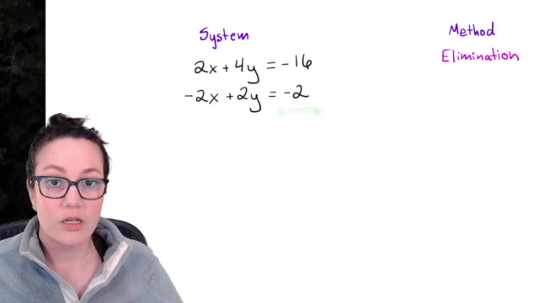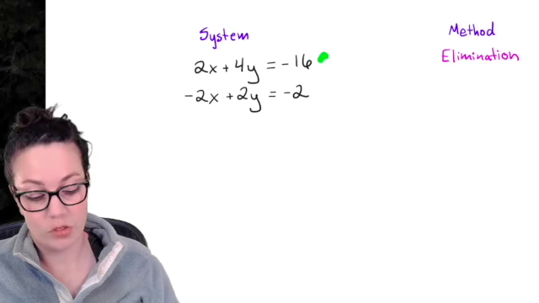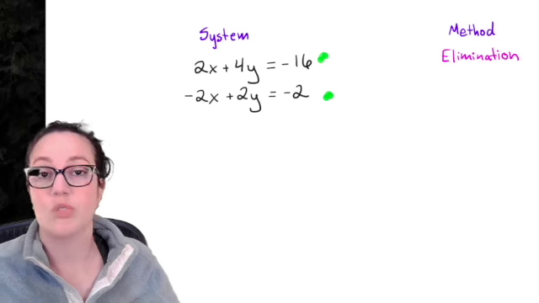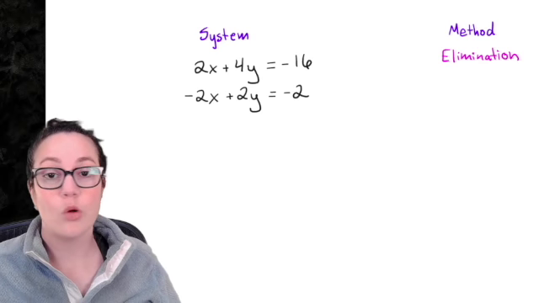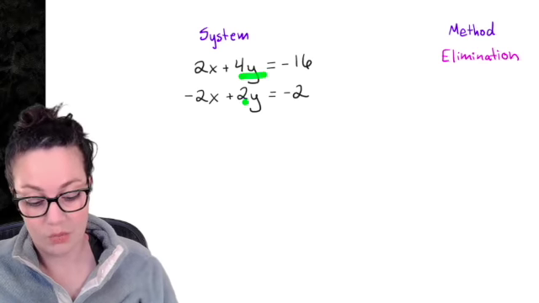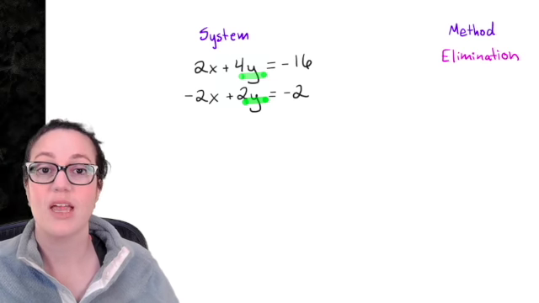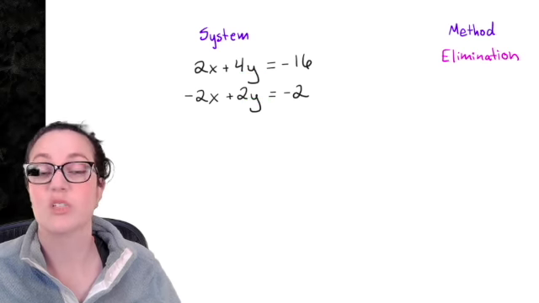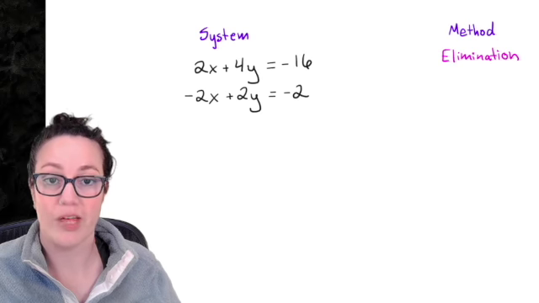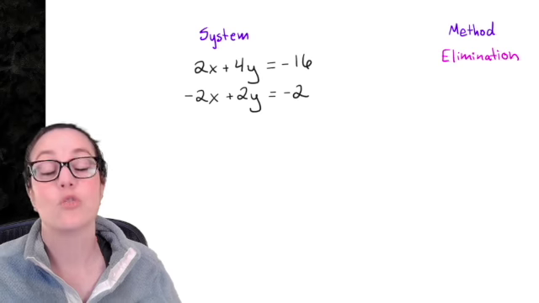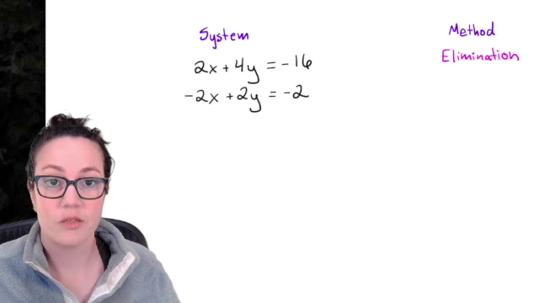I could isolate one of the variables in one of the equations and use substitution. I could also isolate y in both equations, and set those expressions equal to each other and use the equal values method. I could graph these and see where the lines intersect.